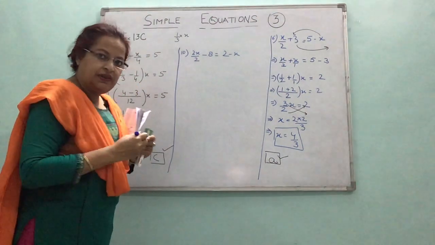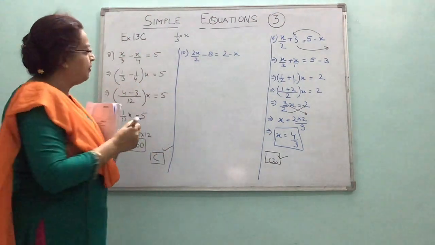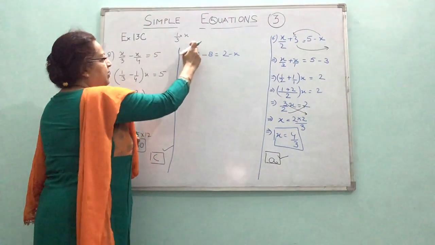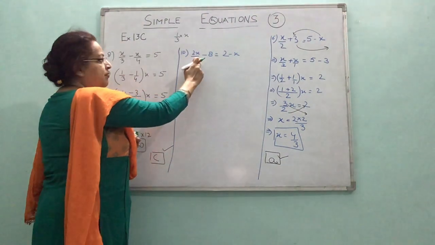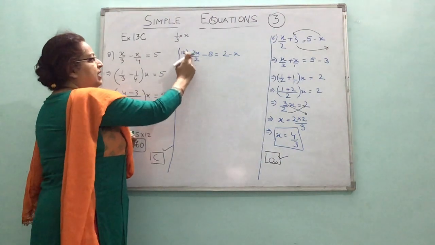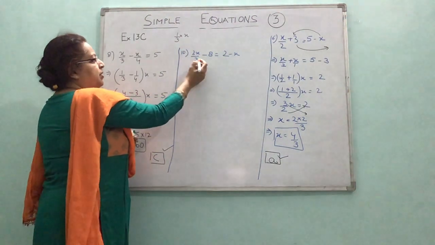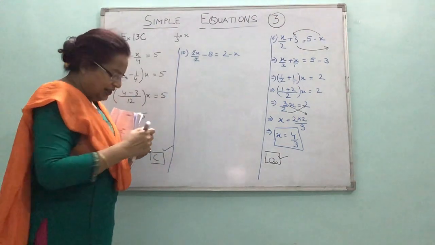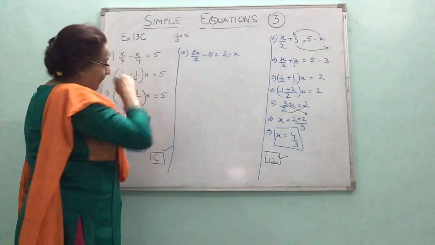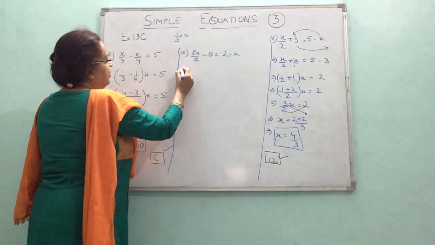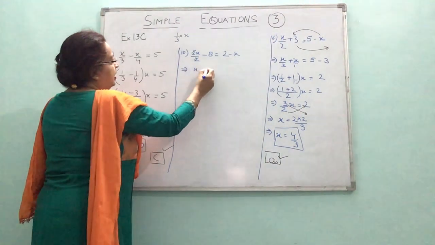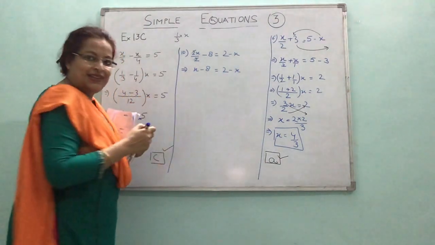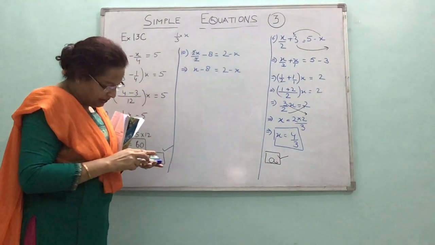First and foremost, children, this is one fraction only, one term, so the numerator can easily divide the denominator by a common factor. Both have common factor 2, we can cancel it. So work becomes so easy. Now see, x minus 8 is equal to 2 minus x. Now double transposition.